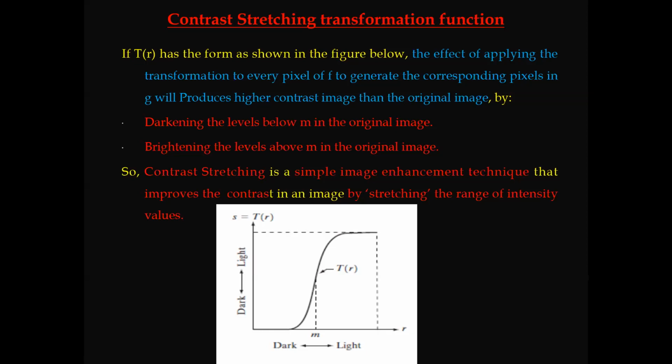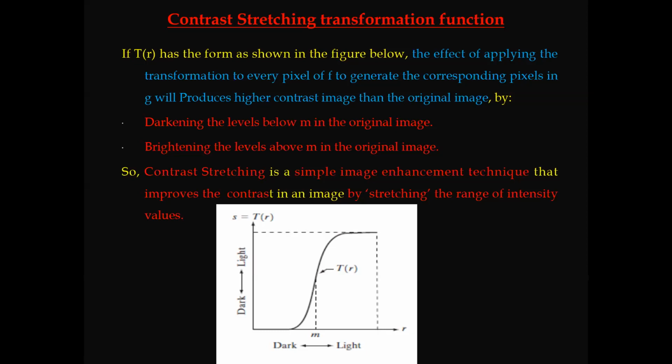So here we have a threshold, we set at some threshold small m. Below that threshold, the levels will be darkened. Brighten the levels above m in the original image. So contrast stretching is a simple image enhancement technique that improves the contrast in an image by stretching the range of intensity values.